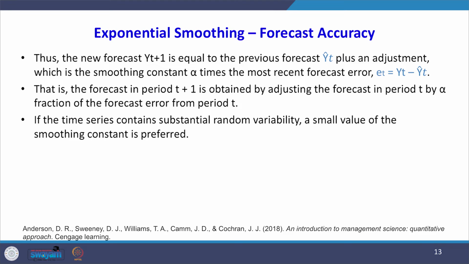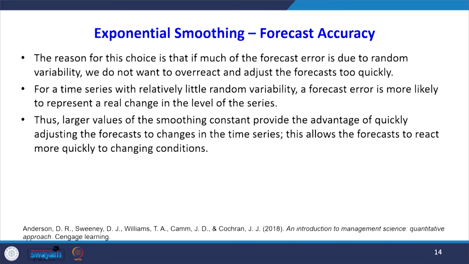If the time series contains substantial random variability, a small value of the smoothing constant is preferred. The reason for this is that if much of the forecast error is due to random variability, we do not want to overreact and adjust the forecast too quickly.